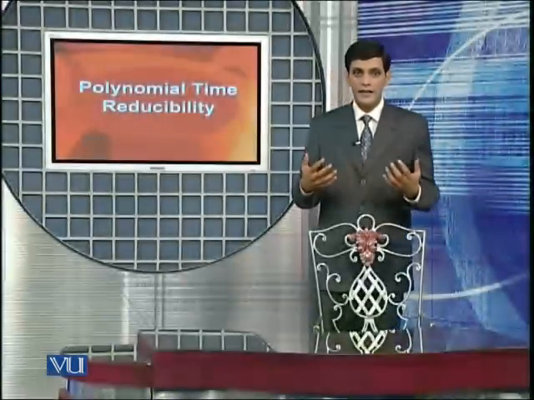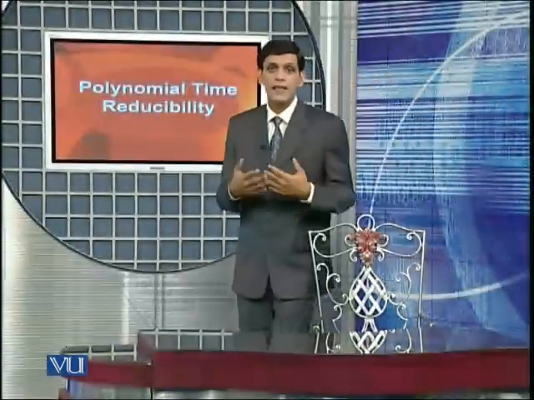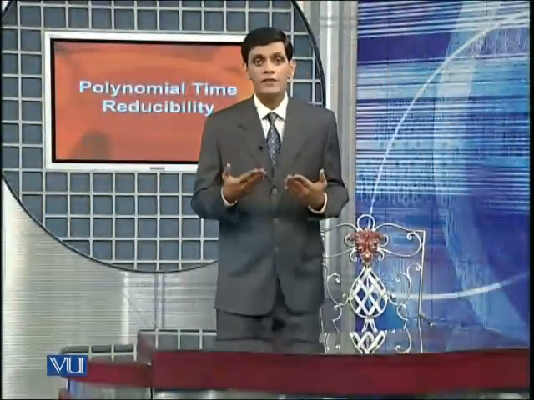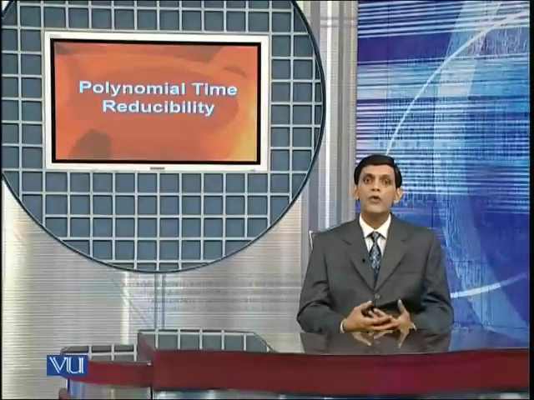Since k and L are constants, k times L is also a constant. Hence, this is a polynomial time algorithm for this language A. Thus, we have been able to show that A is also in the class P. Let's remember this theorem again. We're saying that if B is a language which is in the class P, and if you reduce A in polynomial time to B, then A is also in the class P.